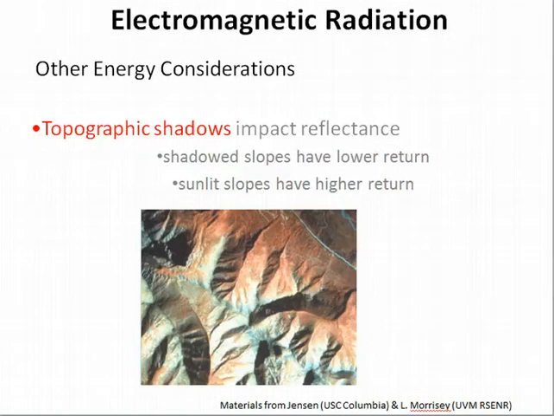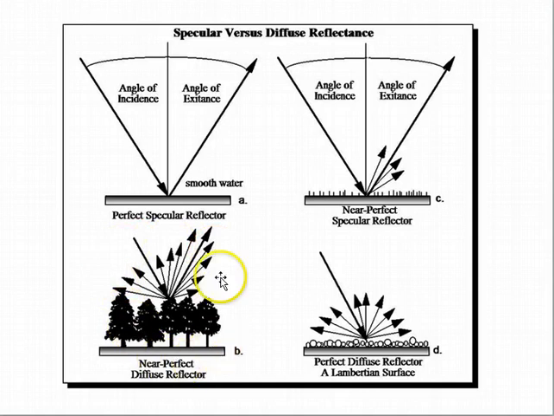Reflectance can also be complicated by topography, and it's obvious when you think about it that completely shadowed areas are going to have different reflectance than sunlit areas. But it's actually even a little more complicated than that. When you have surface materials that are directly facing the sensor, so that when light strikes them they have some specular qualities that reflect it back directly at the sensor, those are going to appear much brighter than surface materials that are slightly angled, because remember, we talked about how most surface features are some combination of specular and diffuse.